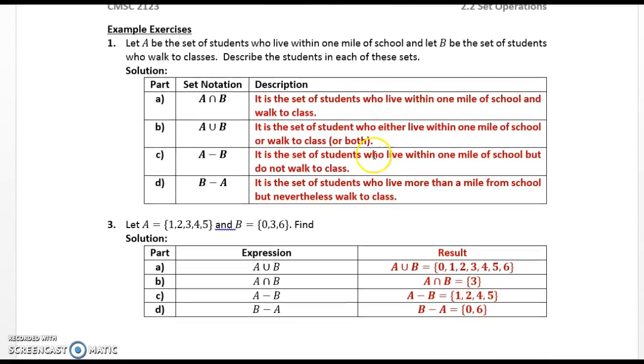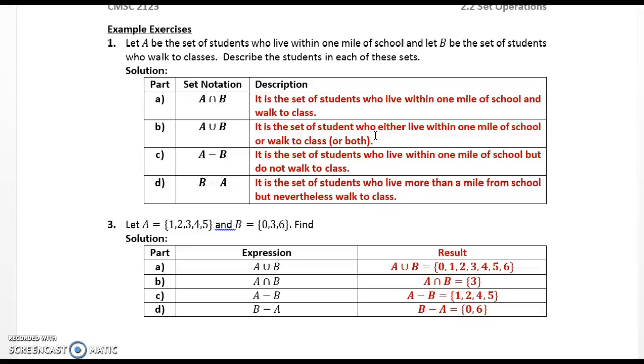Now we have some example exercises. Let A be the set of students who live within 1 mile of school, and let B be the set of students who walk to classes. Describe the students in each of these sets.